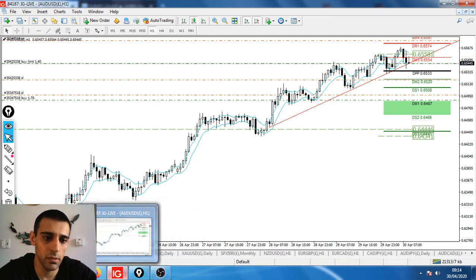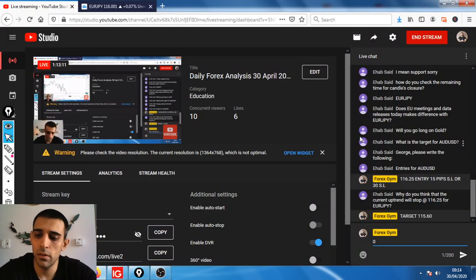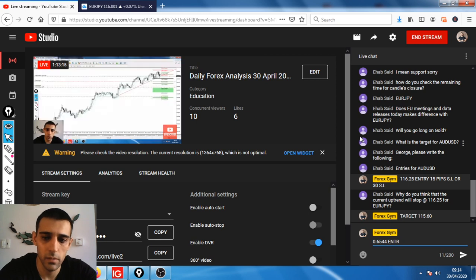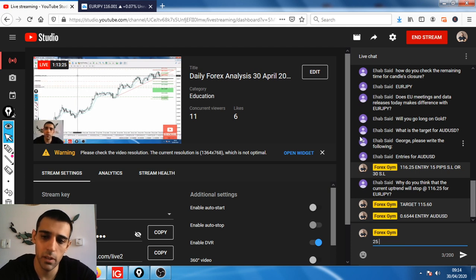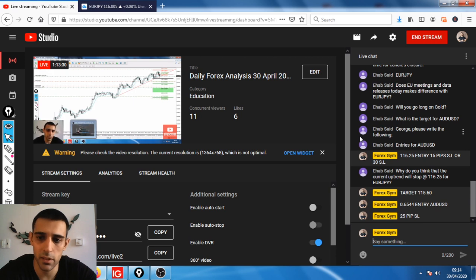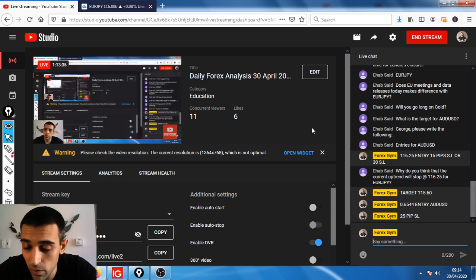So the entry is at 0.6544. I have on this one a 25 pip stop loss. I personally use a 25 pip stop loss; I couldn't justify a 20 pip stop loss.